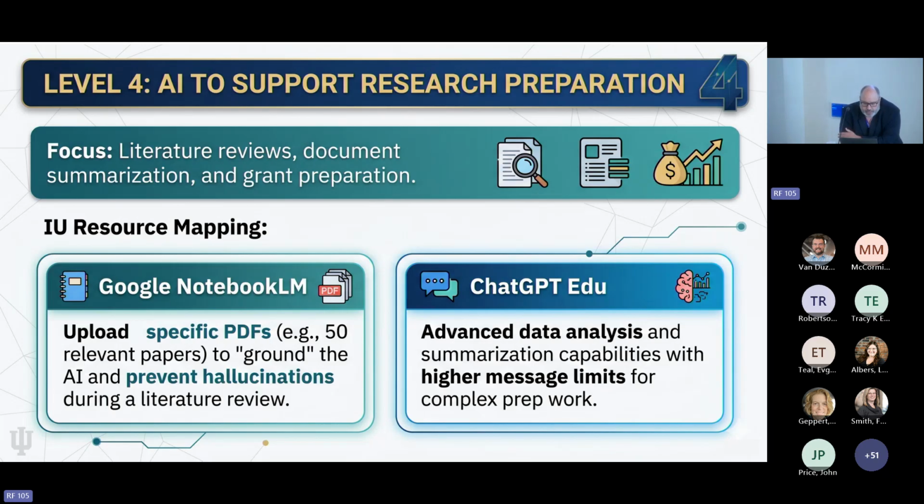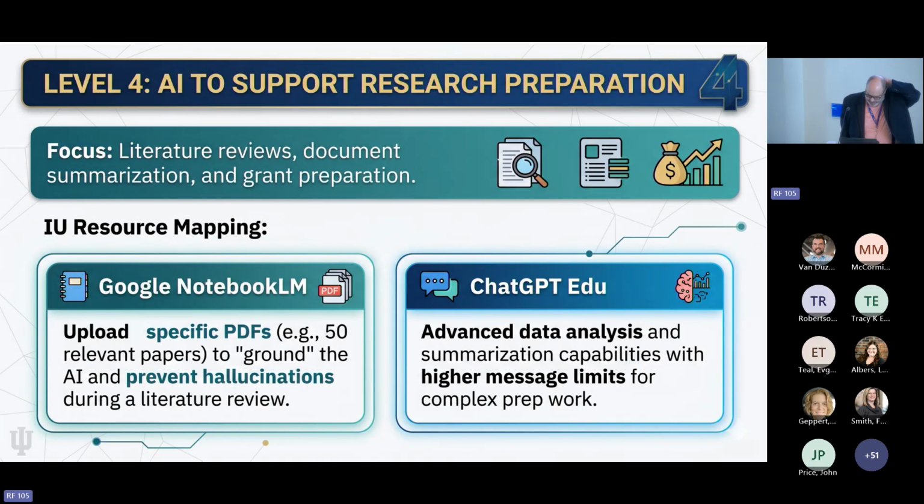The next one is AI to support research preparation. We have access to Google NotebookLM. Through IU, you can log into Google with your IU credentials and have access to resources.